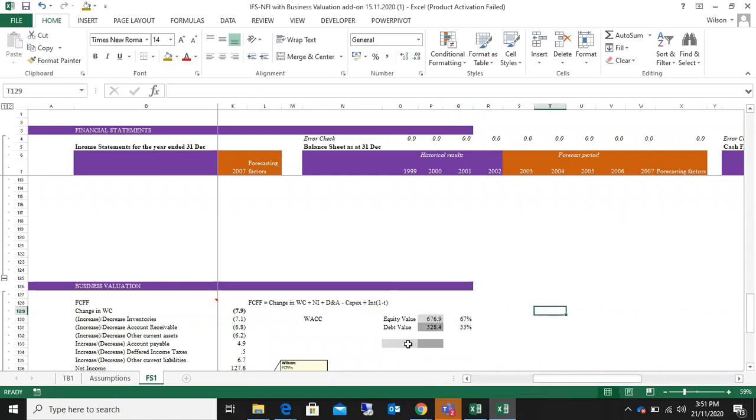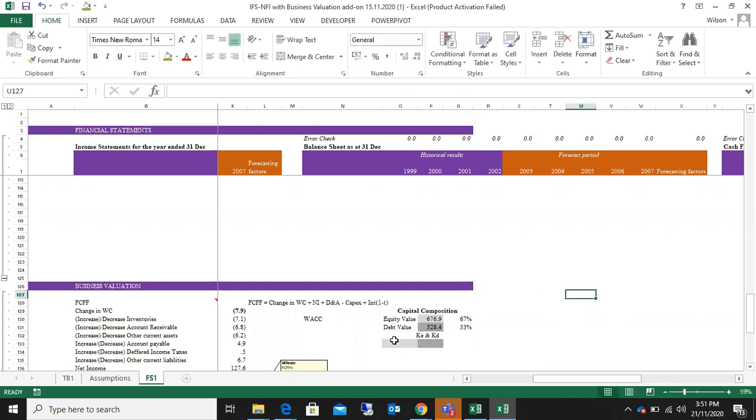So the next thing we're then going to have is to get, so this one is the capital composition. Of course, here we're going to have the cost of debt and cost of equity, KE and KD.